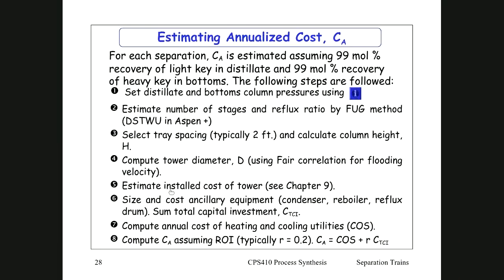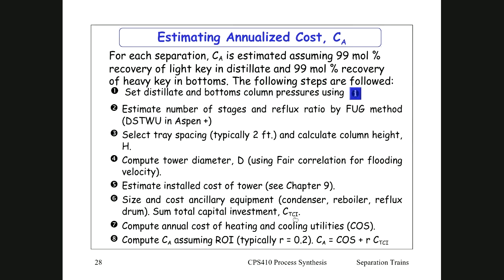Right, then you size and cost the ancillary equipment, and then you can get capital costs for the condenser. You know what its duty is in kilowatts. It's the reboiler and the reflux drum, and you sum those to get the total capital investment for the distillation column.